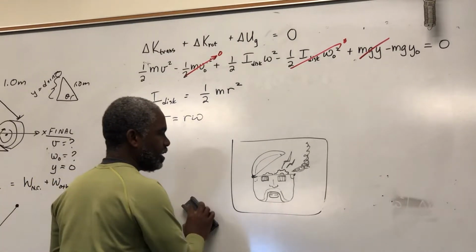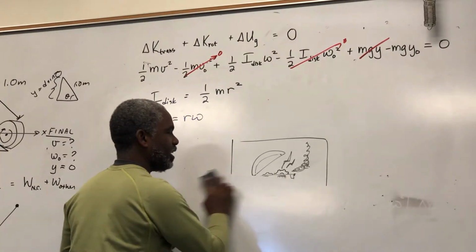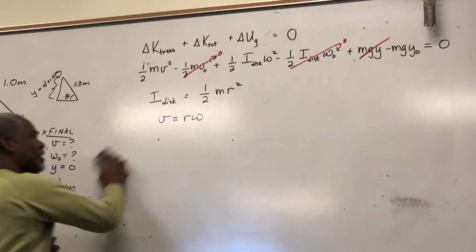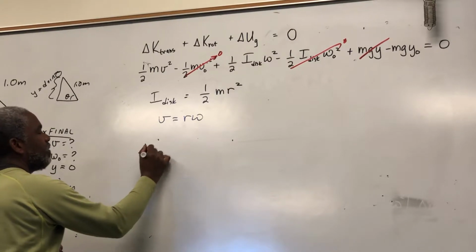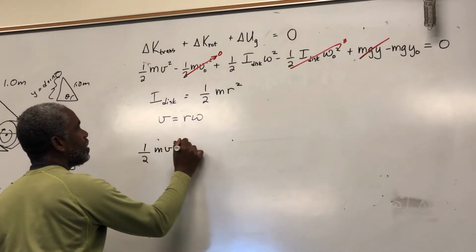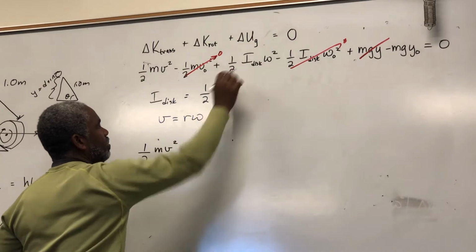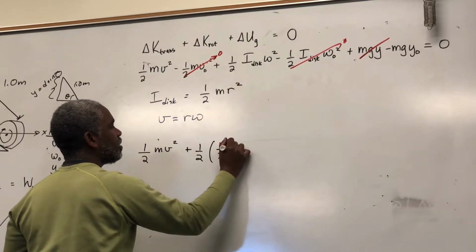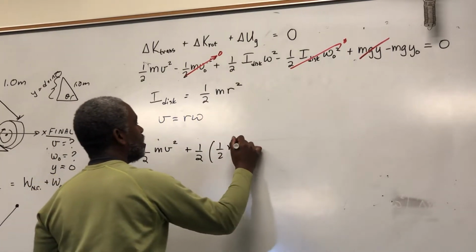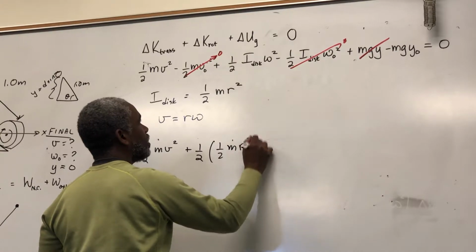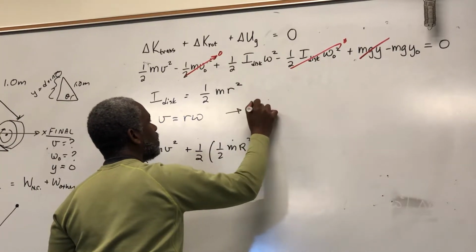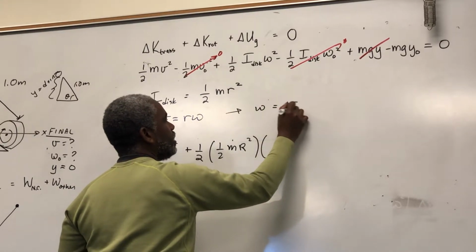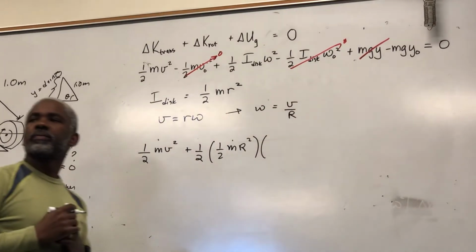So with that said, let's write down 1/2 mv squared plus 1/2 rotational inertia of the disk times omega. So omega is equal to v over r.